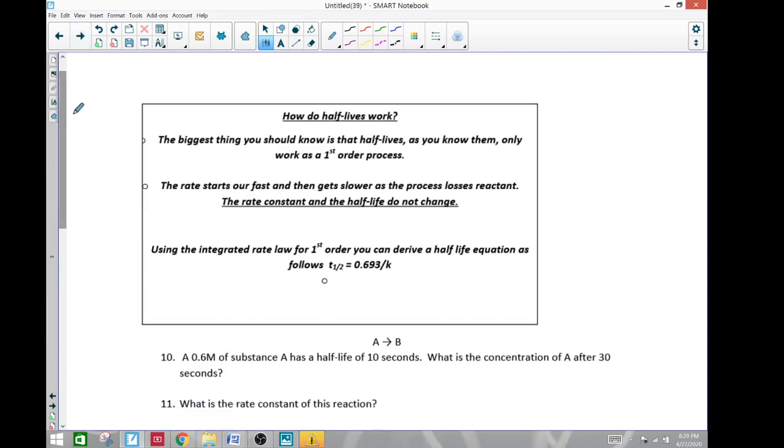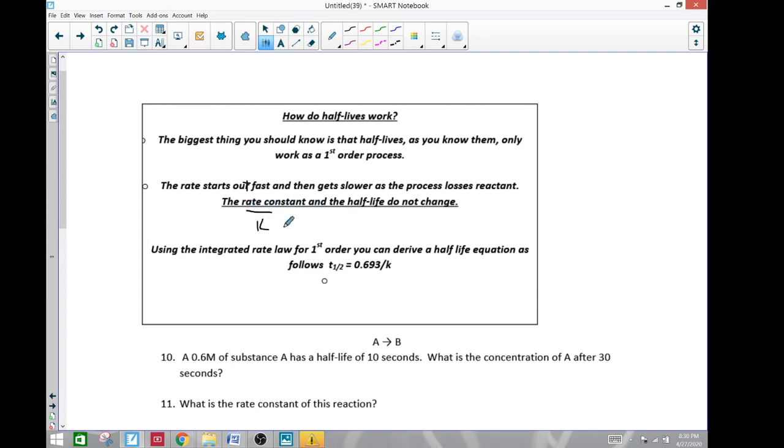All right, how do half-lives work? Okay, half-lives only apply to first order. The rate starts out fast and then gets slower as the process loses reactant. The rate constant and the half-life do not change.